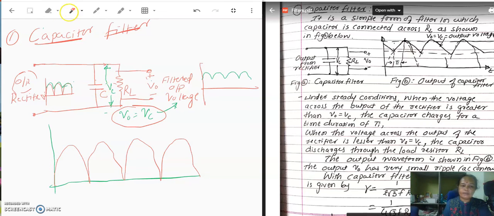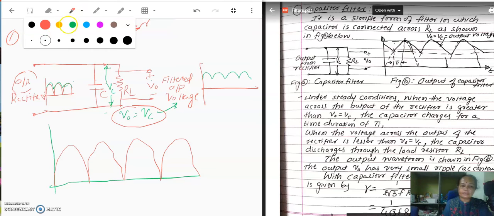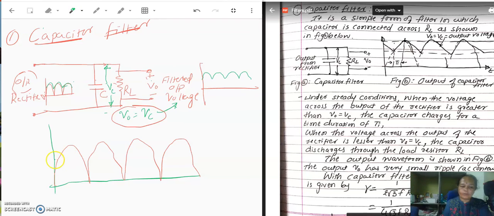During this portion, the output of the rectifier is greater than Vc. At that time our capacitor charges to the peak, and the duration of charging is referred to as Ti.